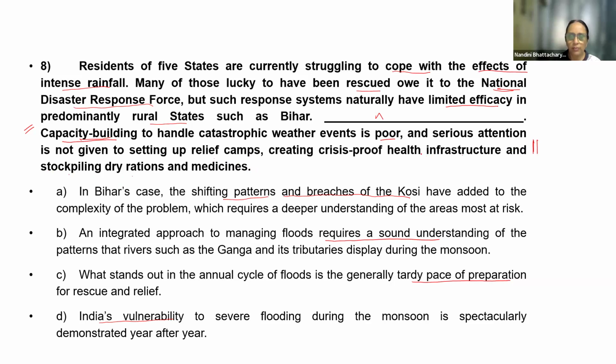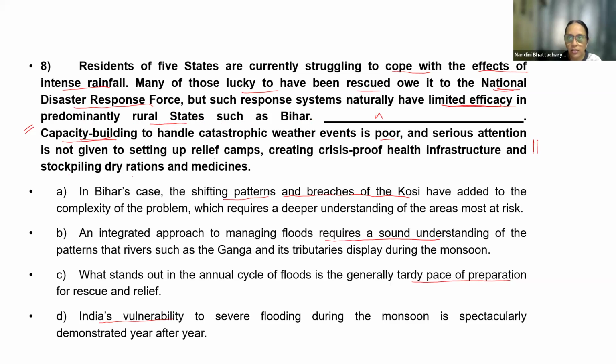If we break it down, initially it just talks about 5 states currently struggling to cope with intense rain. Many of those lucky to have been rescued owe it to the National Disaster Response Force. But such response systems naturally have limited efficacy, that is, limited capacity or ability to handle the situation, predominantly in rural states such as Bihar.